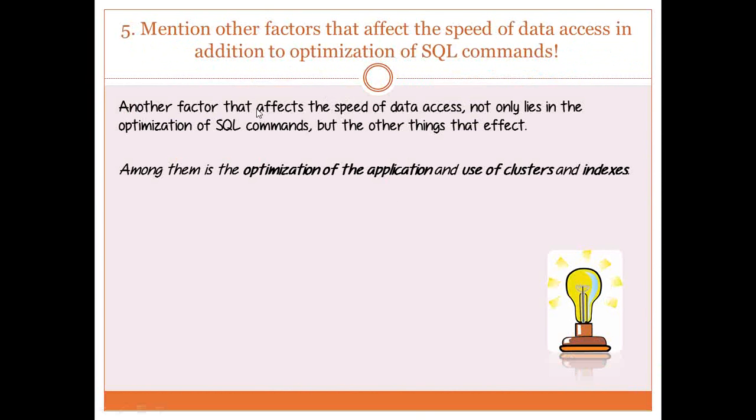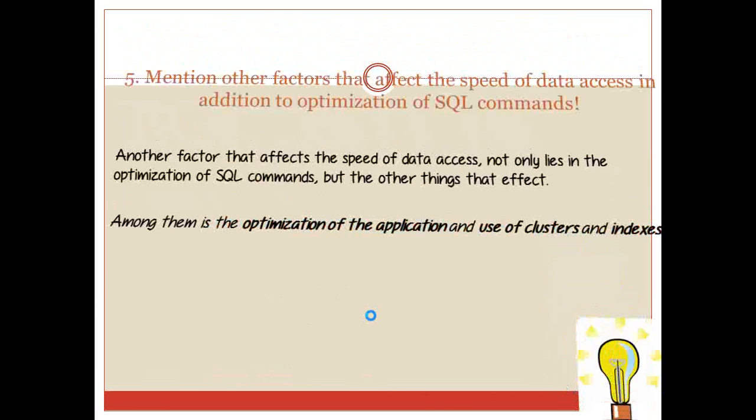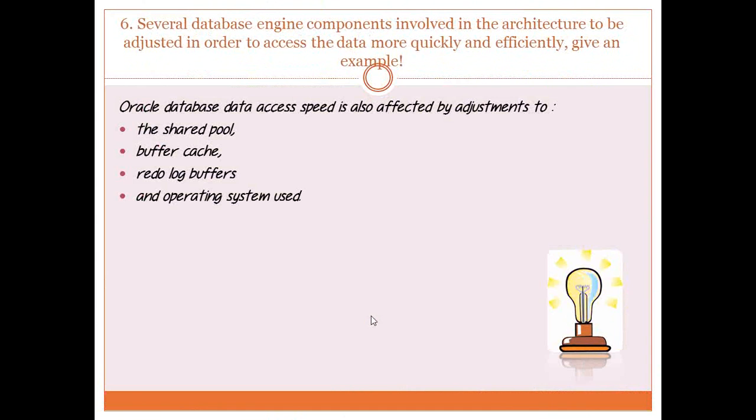Just like I said before, another factor that affects data access speed lies not only in the optimization of SQL commands, but also in optimization of the application, use of cluster and index, and also adjustment of the redo log buffer, operating system, etc. Six. Several database engine components involved in the architecture can be adjusted in order to access data more quickly and efficiently. Give an example.